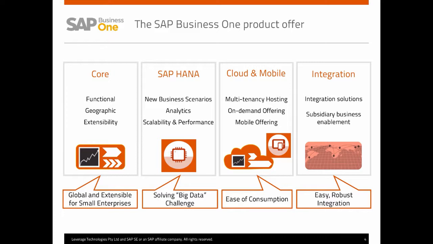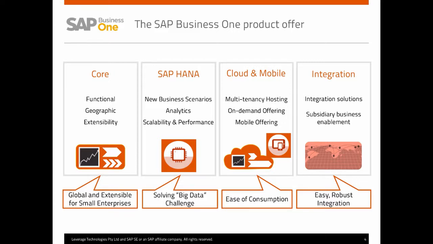So think about the product. There are 4 components here. You have the core functionality. You have the SAP HANA in-memory database. We're giving you access to those cloud and mobile technologies. And importantly, we're giving you a solution that is easy and gives robust integration.